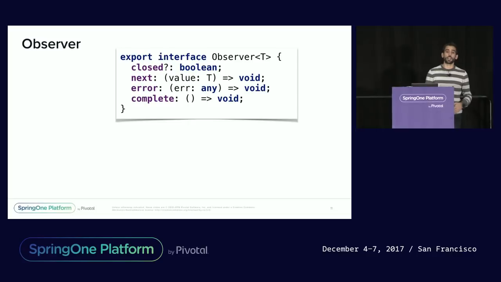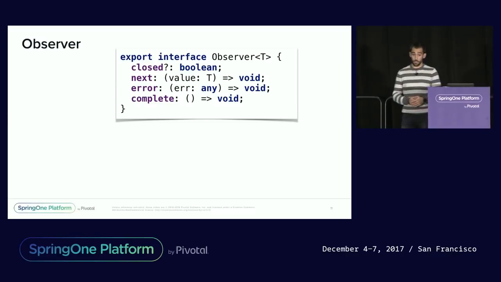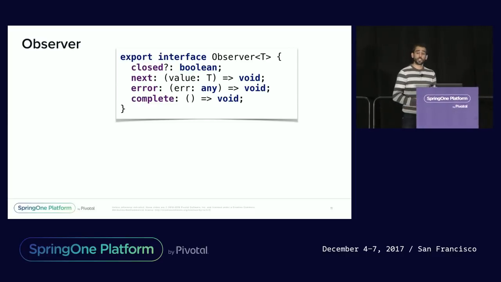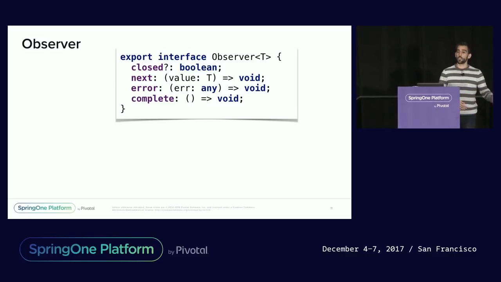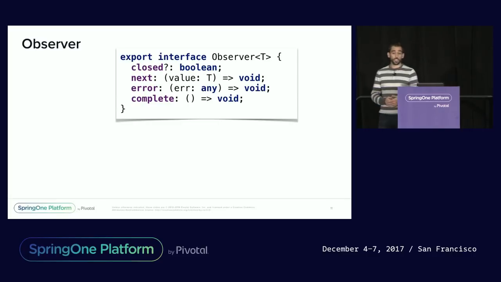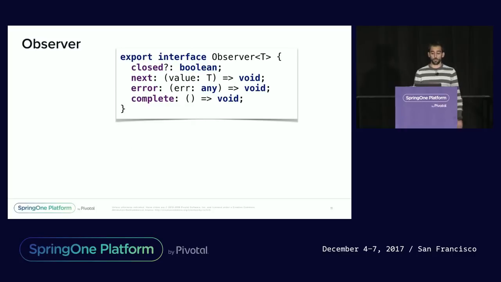So we need to provide an observer. We need to define who's going to receive, right, those messages emitted by the observable. An observer is nothing more than an interface that has 3 callbacks. The next callback, which will process the next or the immediate value, the error callback, which will process any errors, and the complete callback, which will process the complete notification when there are no more values to be emitted by the observable.